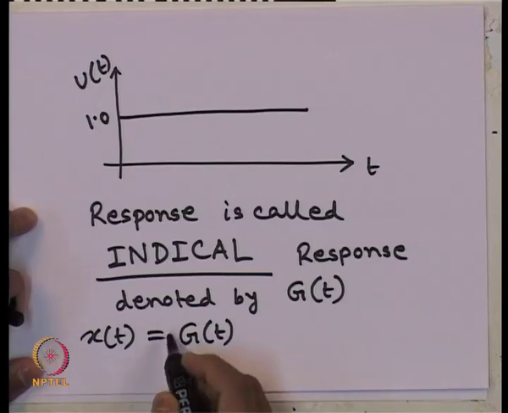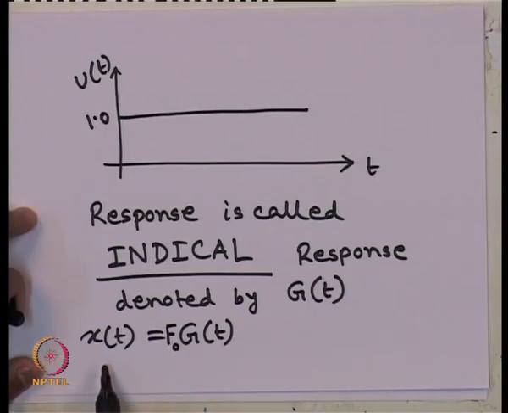So, for any force F, as we have used a constant force of F naught, the total response should be F naught times that indicial response. Indicial response is for a unit load.